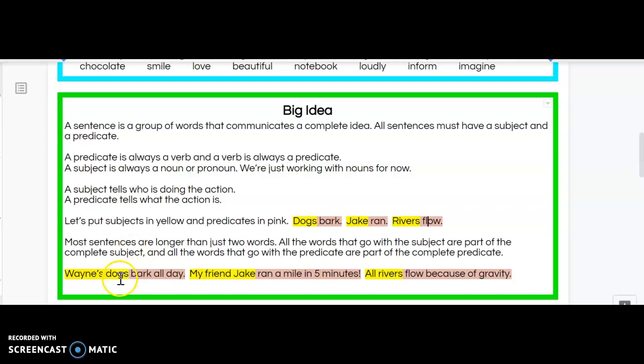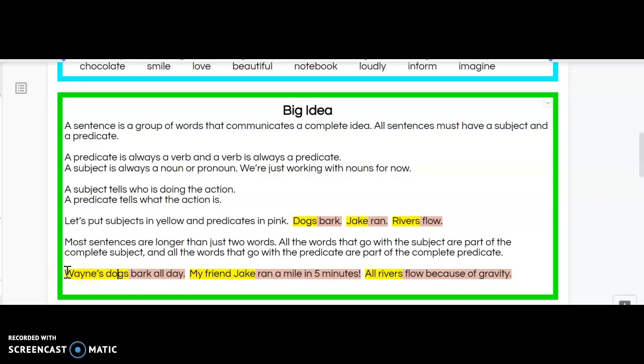So if you look here, remember we had dogs bark? Well, what if that was a longer sentence? And we had Wayne's dogs bark all day. We still have dogs bark. We still know that dogs is the subject, bark is the predicate. But here we've got more than just dogs bark. All the words that go with the subject are part of the complete subject, so what goes with the subject dogs? Like whose dogs they are, or maybe what the dogs look like, or where the dogs are.